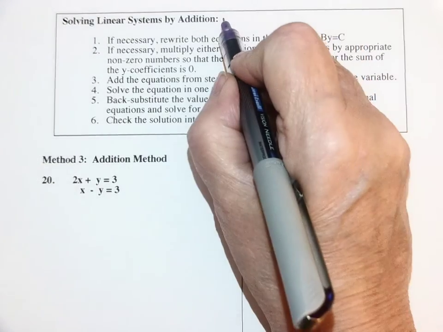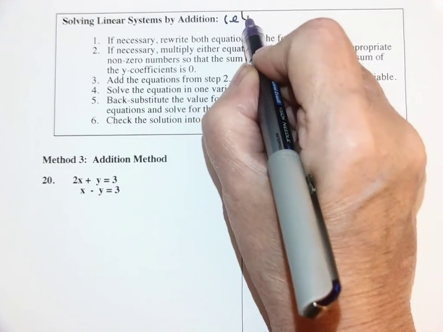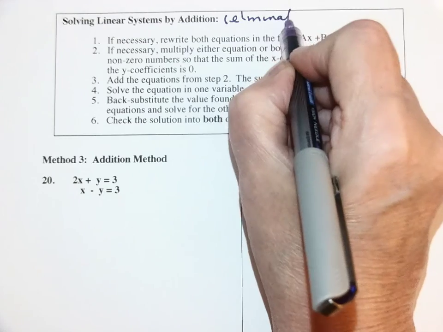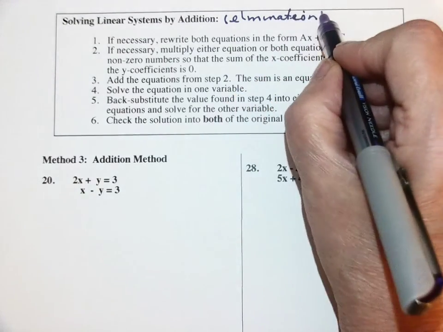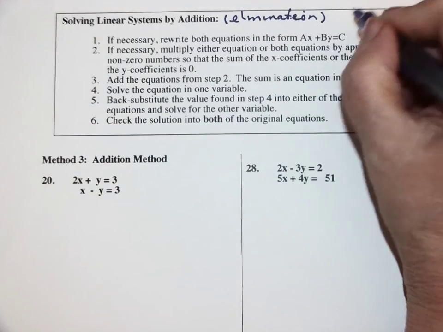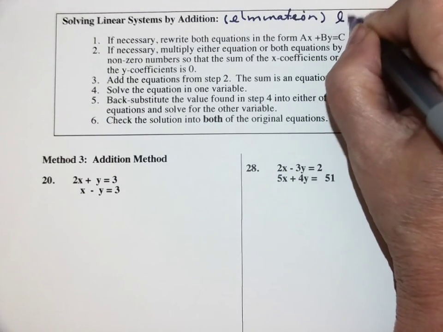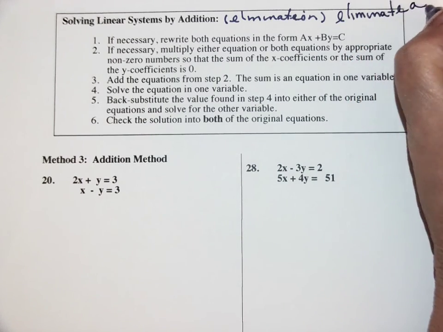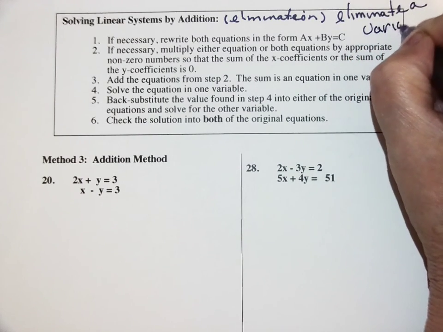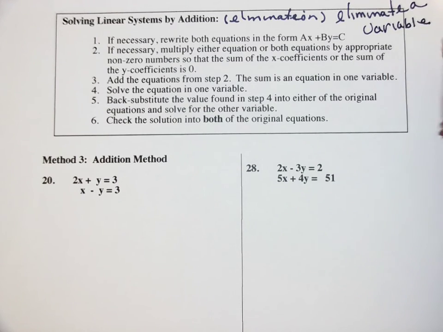method. This is also called the elimination method. And that means I eliminate a variable by adding.